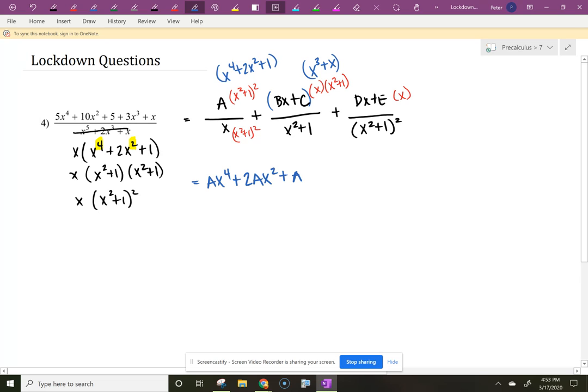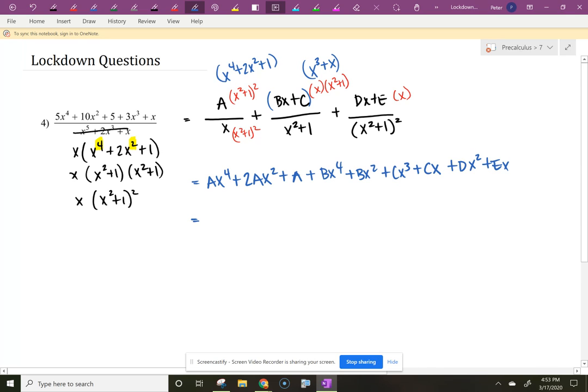So that is Bx to the fourth. And I have Bx squared. And then I have plus Cx cubed. And last Cx. And then last but not least, Dx squared plus Ex. Now let's clean that up because that is just a horrific mess.